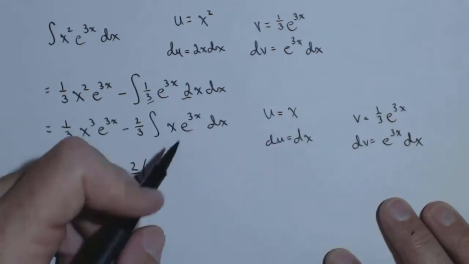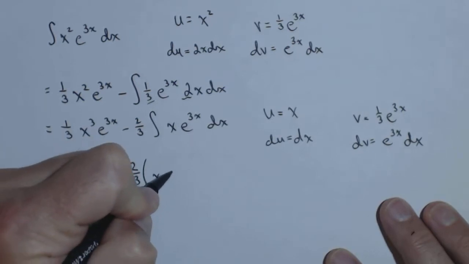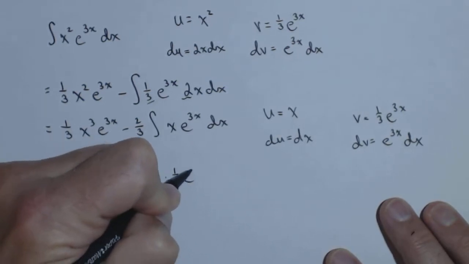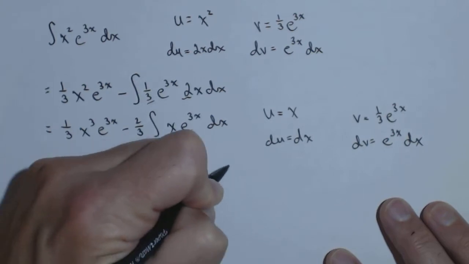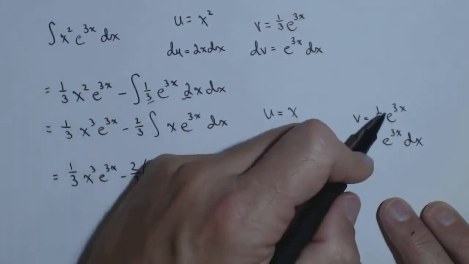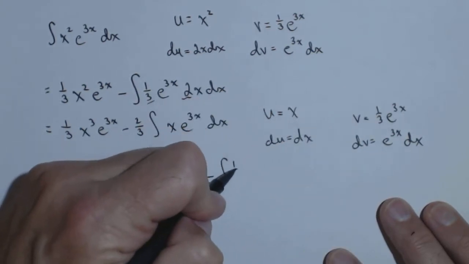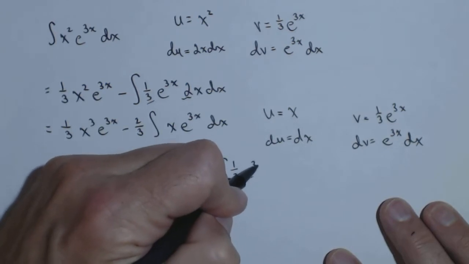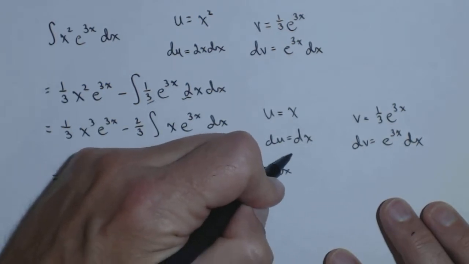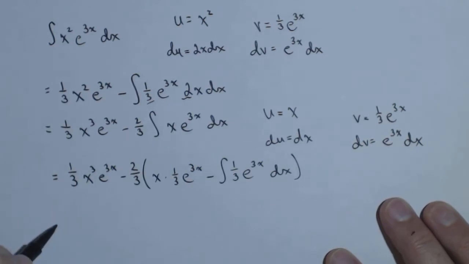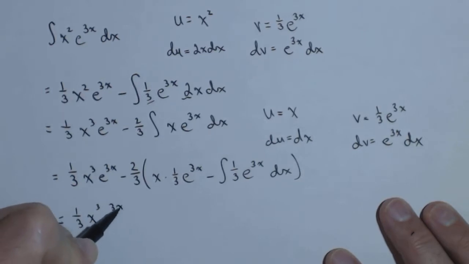So u times v, so x times 1/3 e to the 3x minus the integral of v du, 1/3 e to the 3x dx. So let's clean this up a little bit. This part's already done, 1/3 x squared e to the 3x.